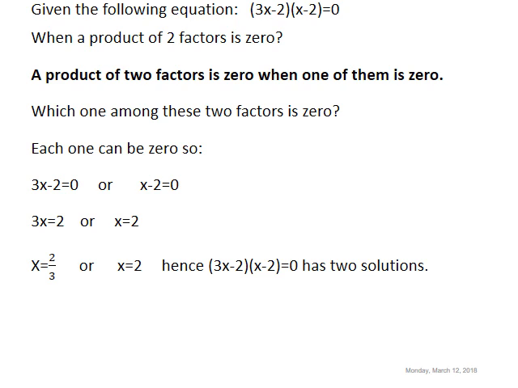Each one can be 0, so 3x minus 2 equals 0 or x minus 2 equals 0. 3x minus 2 equals 0, so x equals 2 over 3. x minus 2 equals 0, so x equals 2. Hence, the equation has two solutions.